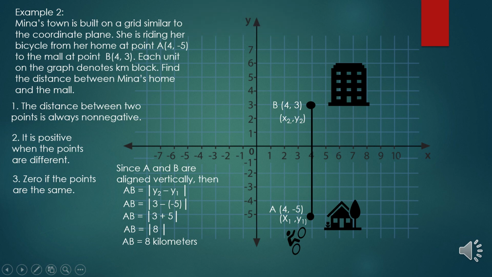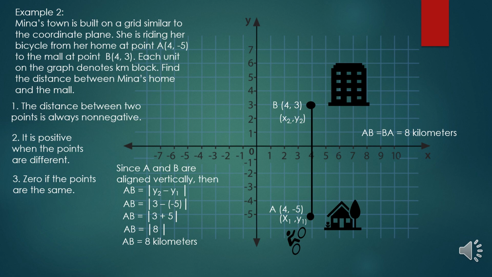Another way is to use the multiplication process. So the absolute value of 3, negative times negative 5, is equal to positive 5. So therefore, that is also equal to the absolute value of 3 plus 5, and that is the absolute value of positive 8, and that is equal to 8 kilometers.